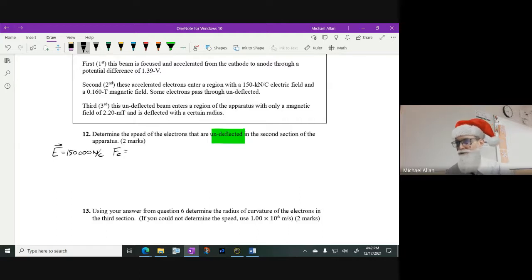So you do have to watch out for these. That's times 3 there. And one force is caused by the magnetic field. Hopefully they're perpendicular to each other, otherwise it doesn't work. But these 2 forces have to balance each other out. The fields don't, but the forces do. So to find the force, we'll use E times Q for that side and Q for this side. Cross off the Q's, rearrange for V.